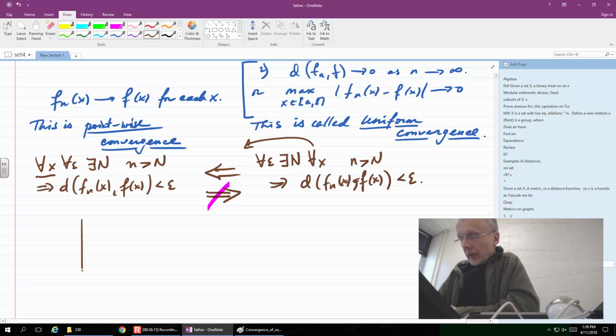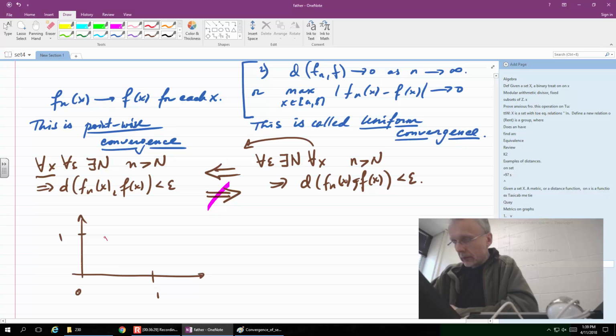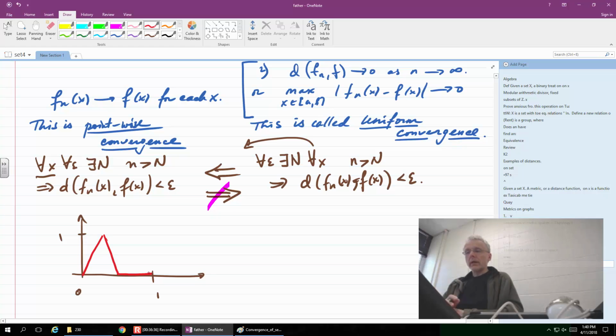It's called the teeth function. If we take our interval [0, 1], and then we build a tooth of height 1 like this, and then we allow this tooth to slide towards the y-axis, like this.